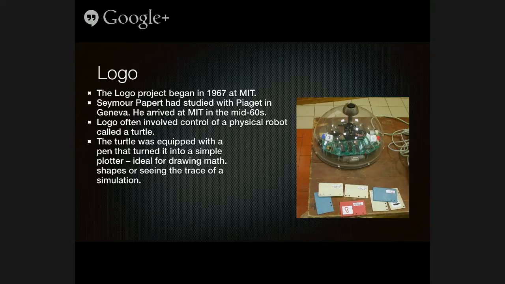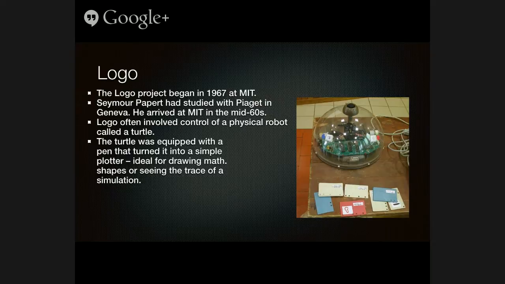So if you go way back in time to the mid-60s, 1967, to Seymour Papert, who was the granddaddy of constructivism, he had studied with Piaget. I didn't bother putting anything about Piaget in here, but Piaget is the guy who said education should be a science, and kind of made it so.